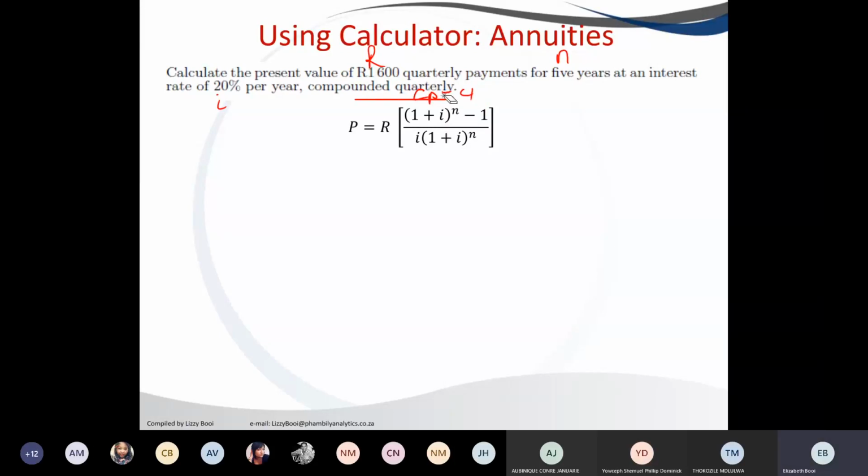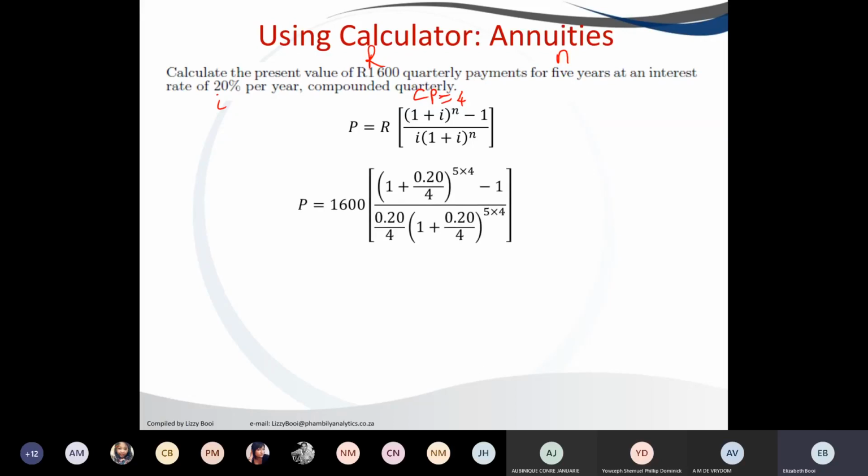Compounding quarterly is equal to 4. So if I know that, then I can substitute into the formula.